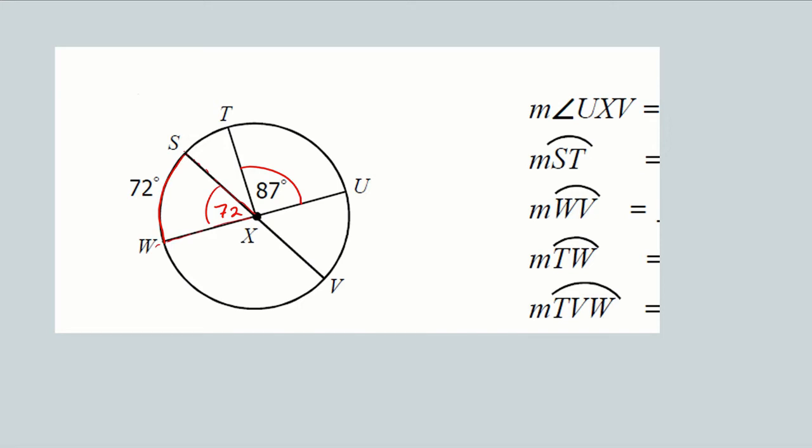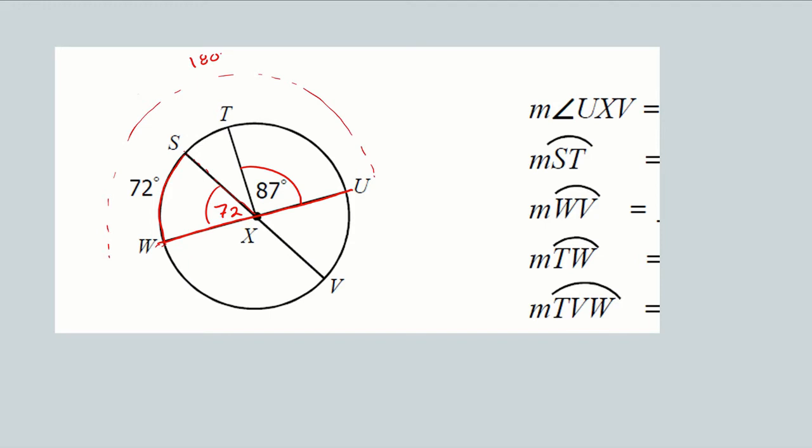To find that, notice how we can always find the diameter. The diameter is always going to be the line that goes straight through the center. In this case, here's my diameter, which means that this whole half circle should equal 180 degrees, correct?